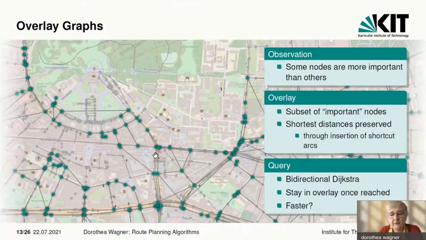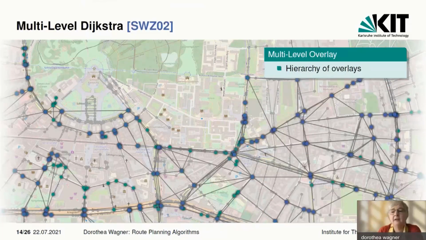The question is, is this already fast enough, or can we be faster using these overlay graphs? Yes, we can, by using a hierarchy of overlays. And this is multi-level Dijkstra. So let's go back.